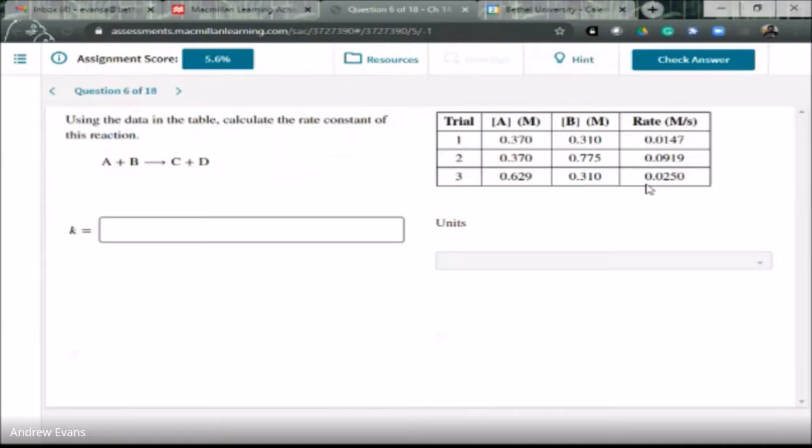The next one, and the other problem we'll do, number 6. So this one, we have a bigger rate law. We have rate equals K, A to the M, B to the N. Doesn't really matter whether A is raised to the M or N. We're just using these numbers as a kind of a guide, 0.37, 0.3.